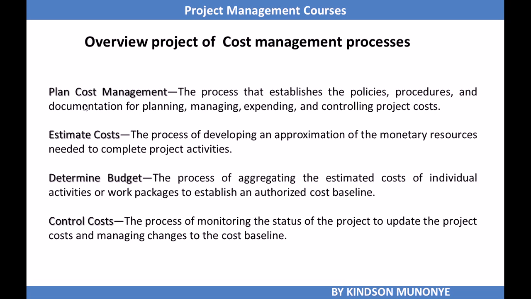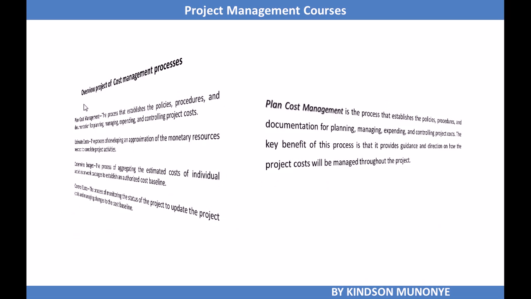Here we develop an approximation of the monetary resources needed to complete the project activities, and then we determine budgets by aggregating the estimated cost of individual activities or work packages to establish an authorized cost baseline. And finally, under monitoring and controlling, we monitor the stages of the project to update the project costs and manage changes to the cost baseline as needed.